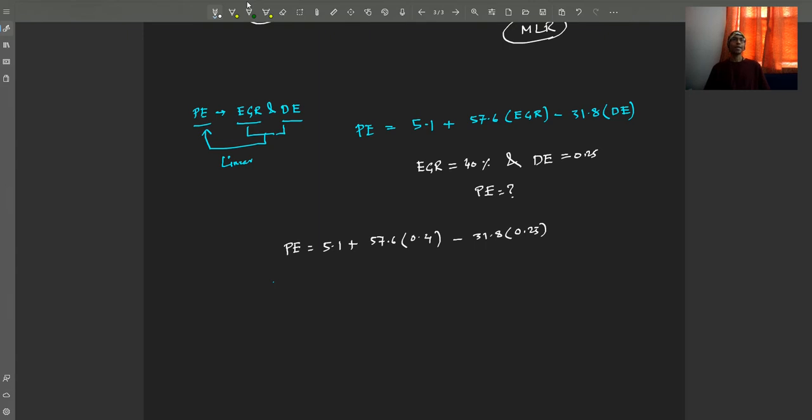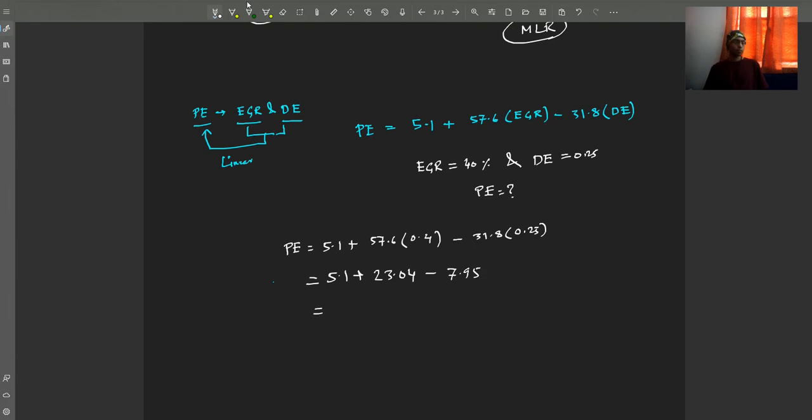Now we easily calculate the values, friends. 5.1 plus 57.6 into 0.4, this is 23.04, minus 31.8 into 0.25, this is 7.95.